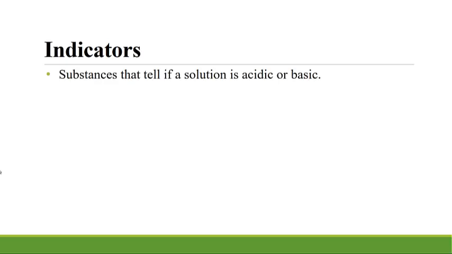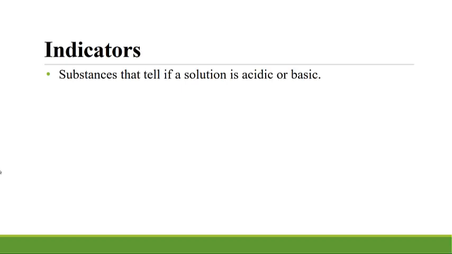Something else we talk about when we talk about acids and bases are indicators. Indicators are substances that can tell if a solution is acidic or basic. We talked about litmus paper. There's blue litmus paper and red litmus paper.